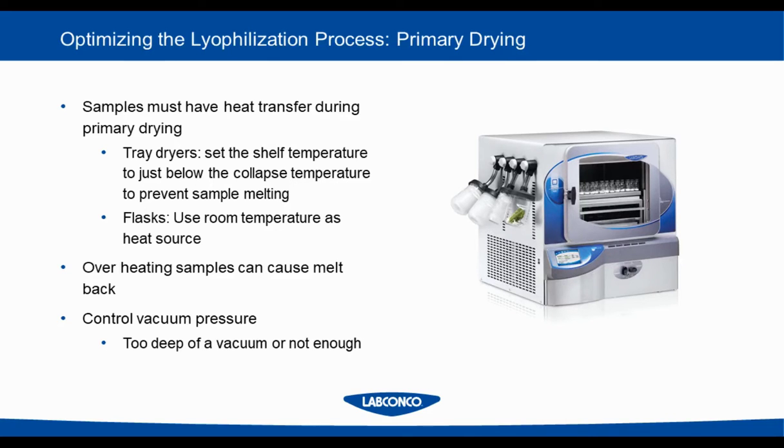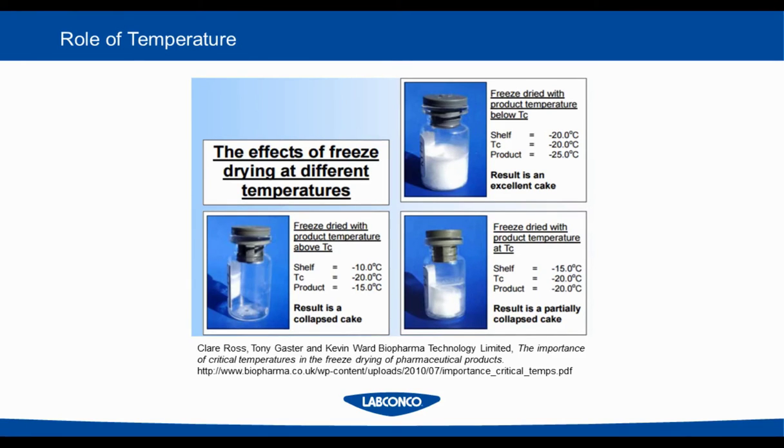On ports, the heat will come in the form of temperature from your room. If your freeze dryer is sitting near a window or other heat source, melting can occur. By controlling your vacuum pressure, you can also speed up the lyo process. The typical recommendation is 0.2 millibars for most samples.